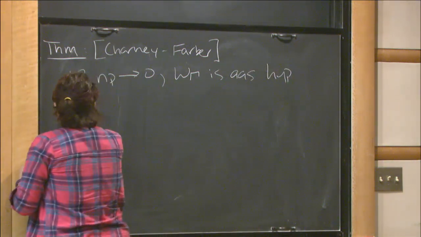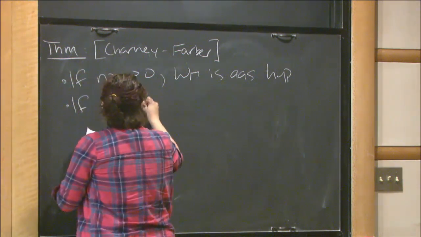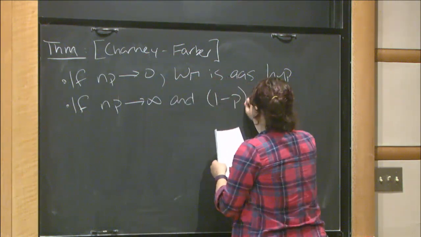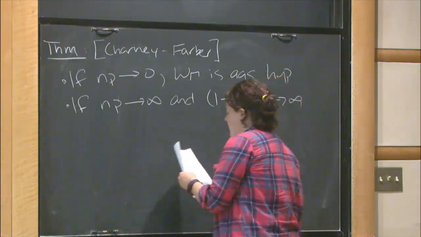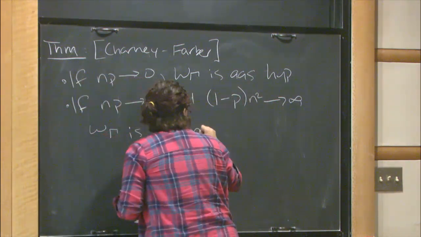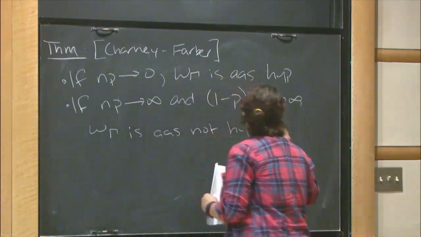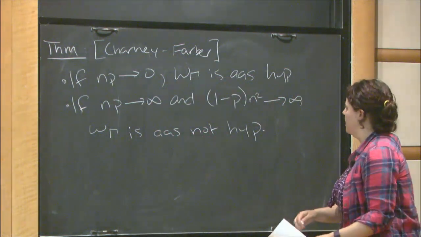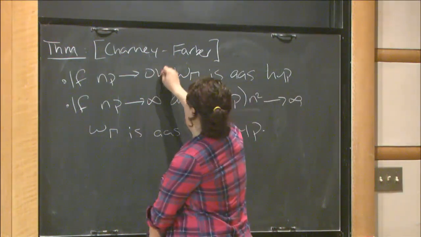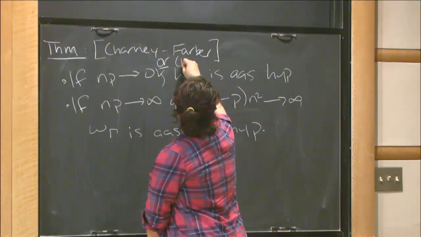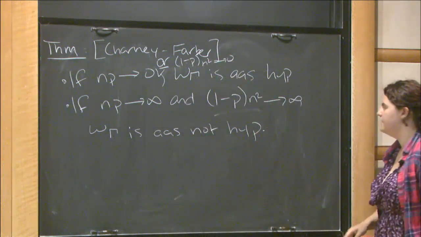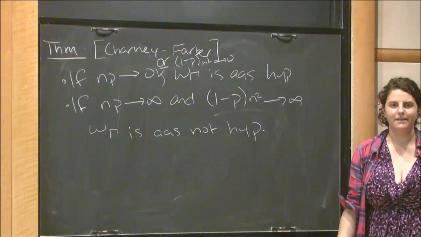And if np goes to infinity and (1 minus p) times n squared goes to infinity, W gamma is asymptotically almost surely not hyperbolic. Actually, I left this out in my notes, but if np goes to 0, or if (1 minus p) times n squared goes to 0, then it's just finite, and so it's hyperbolic, but that's dumb.